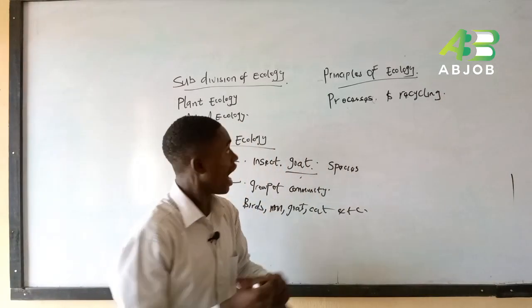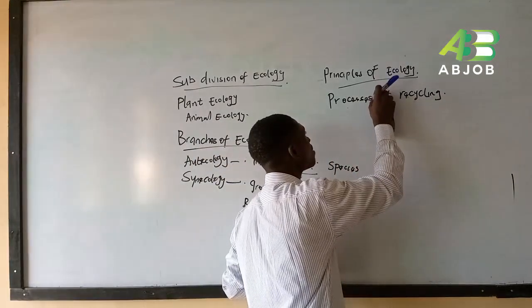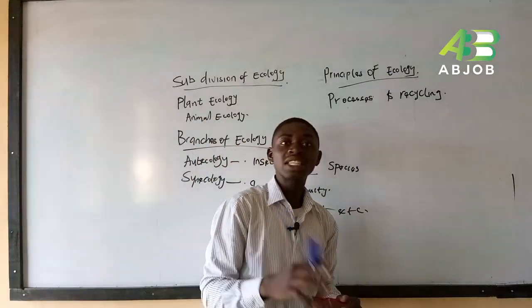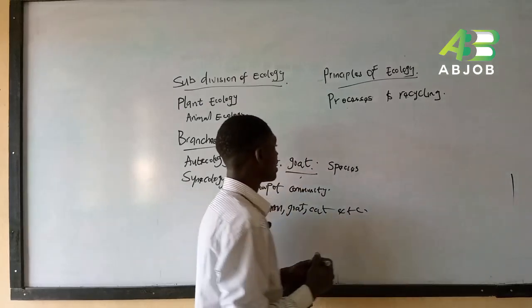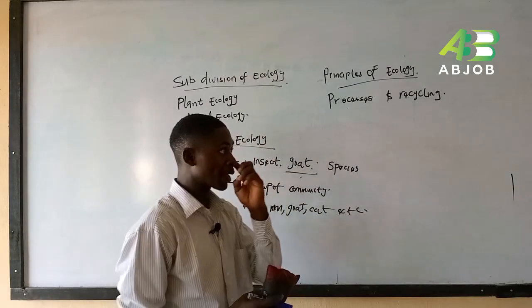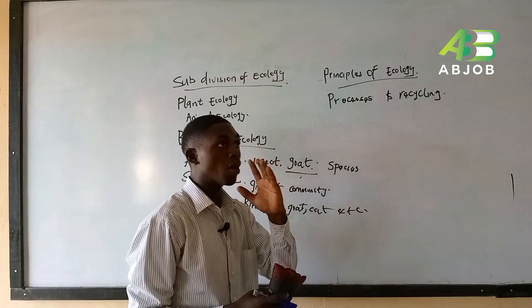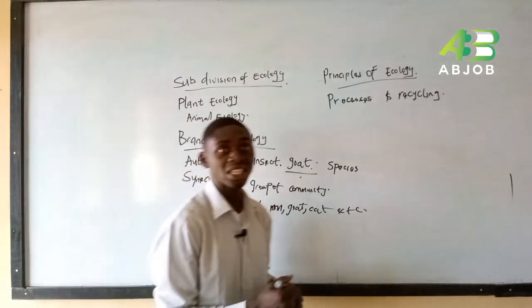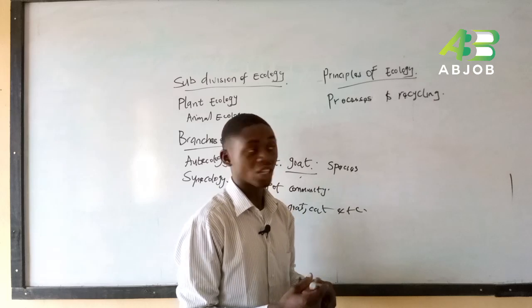How is it based on processes and recycling? It's based on processes and recycling in the sense that, let us take biotic interaction as a case study. That's flow of energy as a case study.